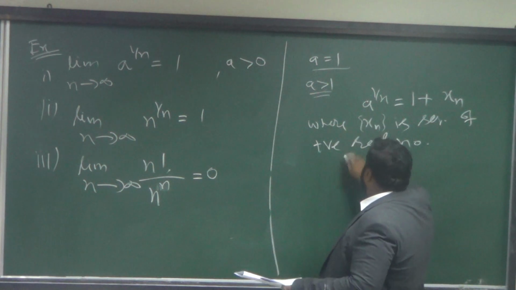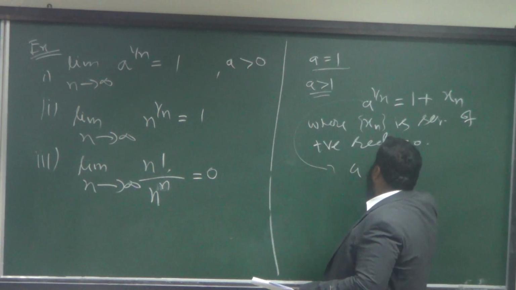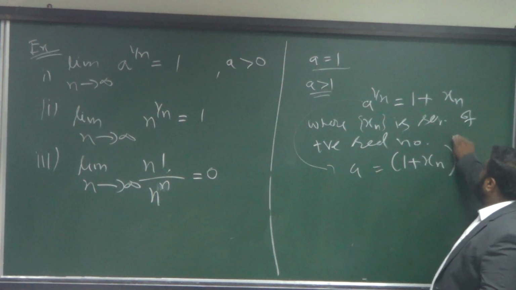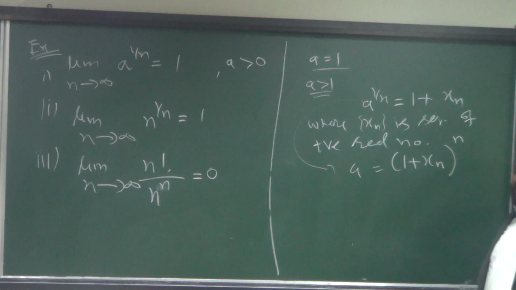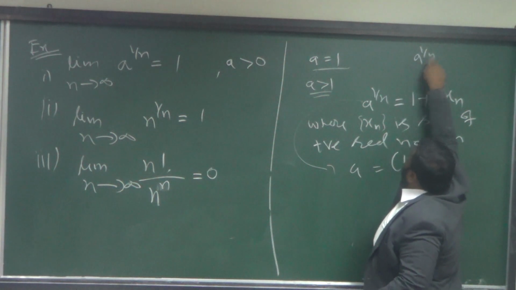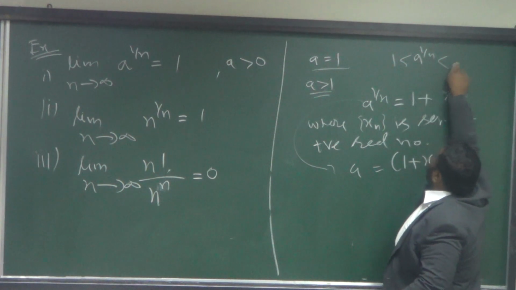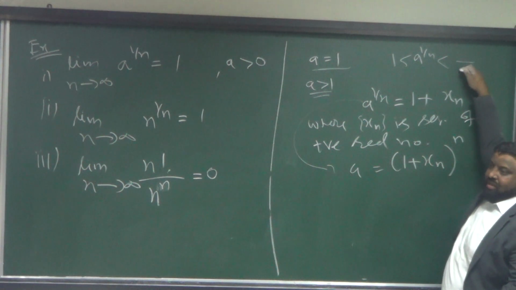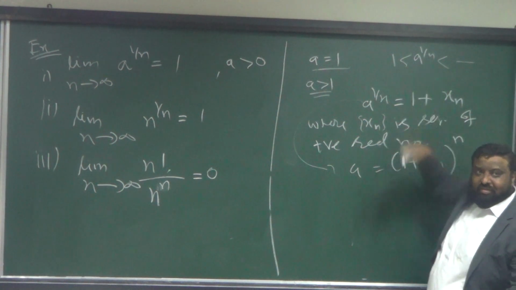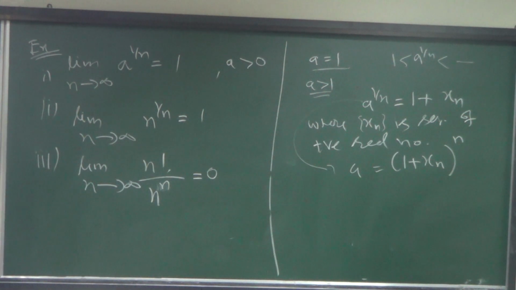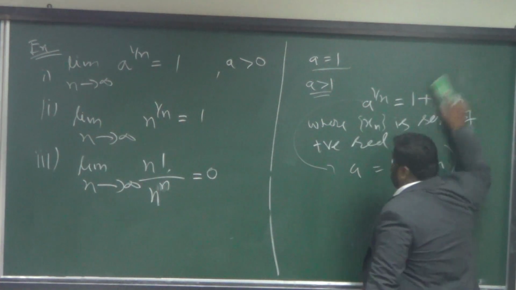Another thing which immediately follows from this is that A should be equal to 1 plus xn to the n. What I want is this: I know that A to the 1 over n is bigger than 1. I want another sequence which is greater than this and that converges to 1 for sure. Then this guy will be squeezed. That's precisely what I want.